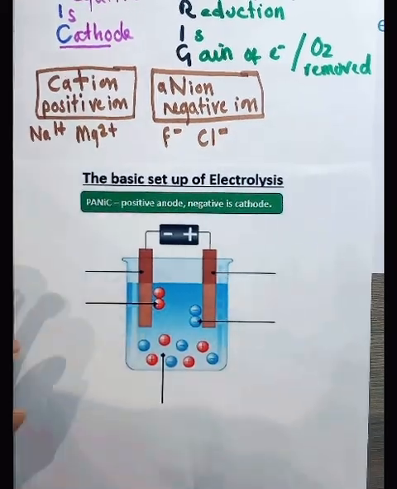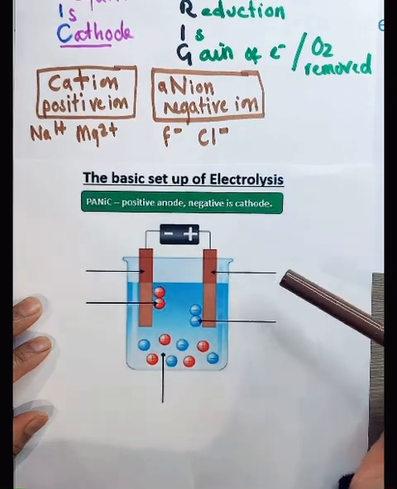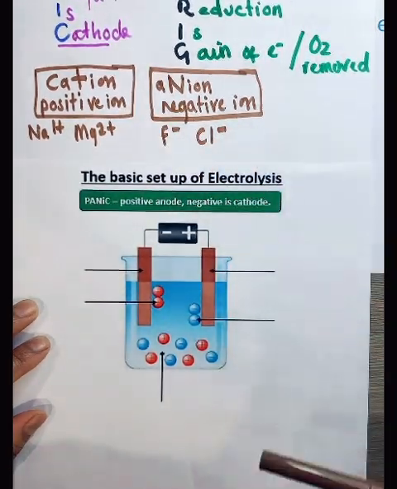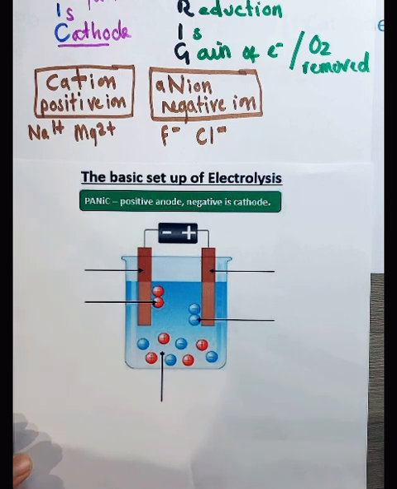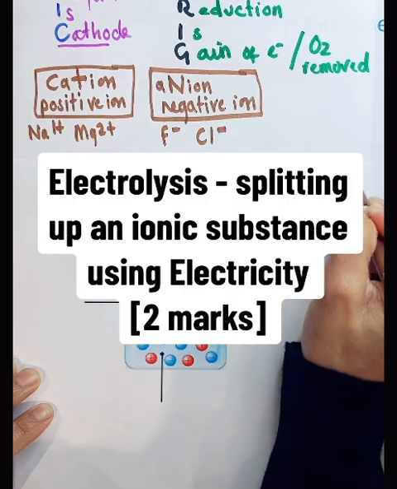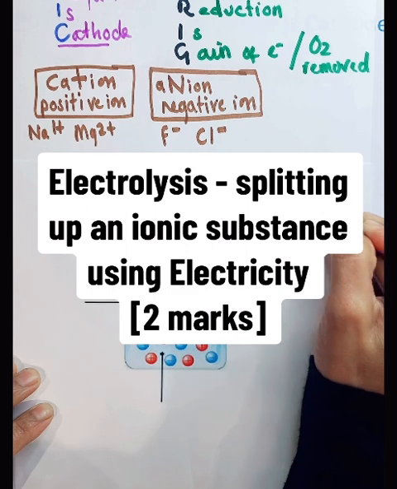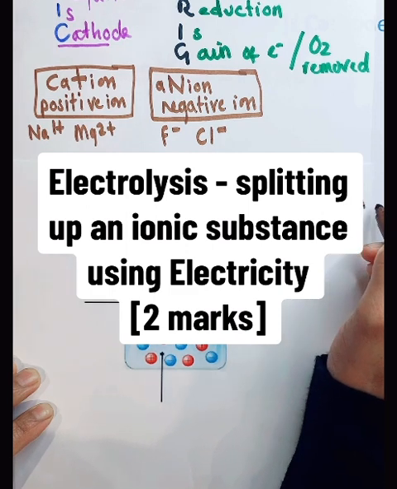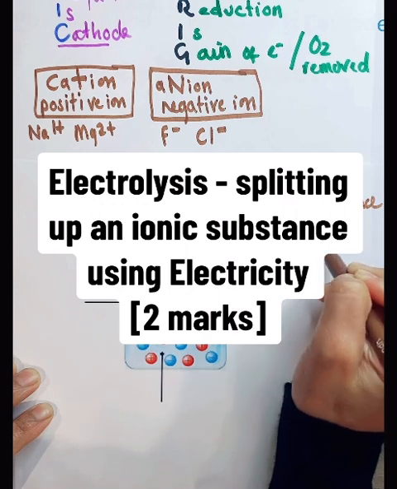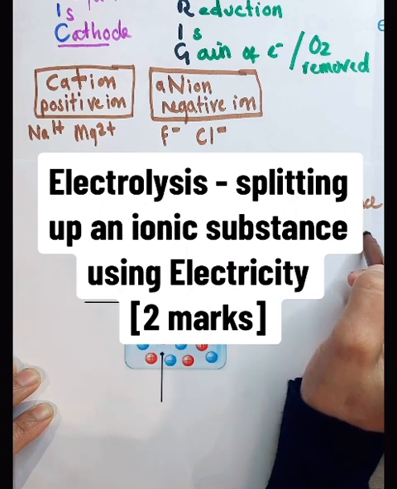So now we have this information here. We can label an electrolysis diagram and we can use this information for any example that they give us. So you might get asked what is electrolysis, and it is splitting a substance using electricity. And that can get you a mark.